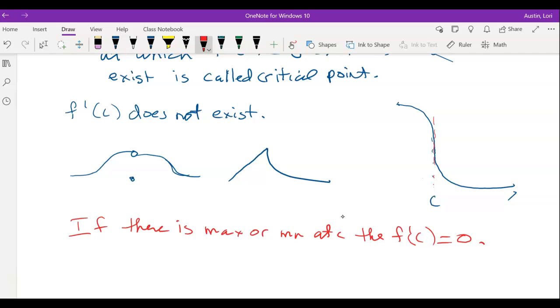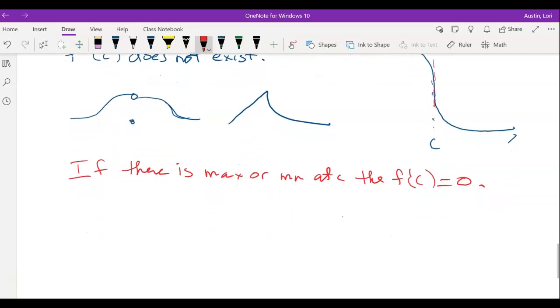Okay. So here's the other question. If f prime of C equals 0, does that mean there's definitely a max or min at C?